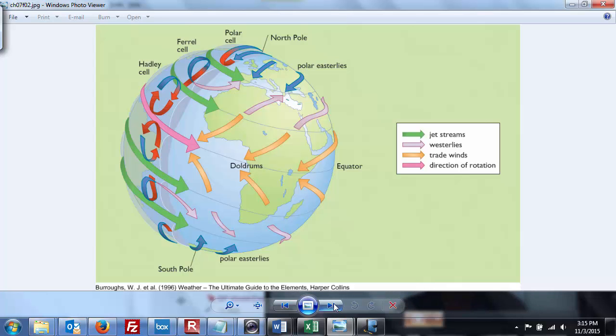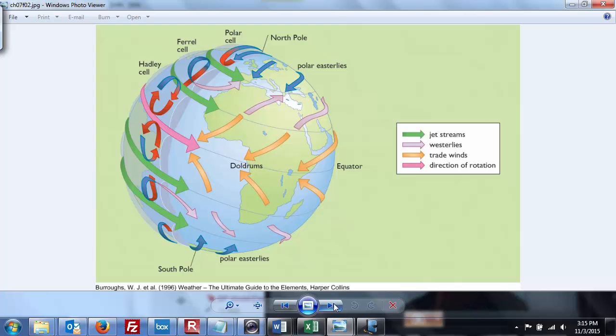It says some of the air that reaches the surface at these middle latitudes is forced back towards the low pressure zone at the equator. These movements are known as the trade winds. So you can imagine if you were doing trading in the Atlantic Ocean and you needed to get from west to east, these orange surface winds are what's going to blow you in that direction.